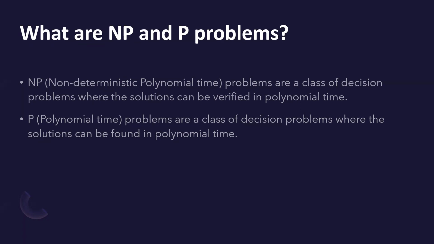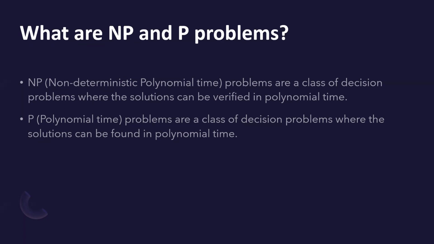This means that given a solution, we can quickly verify its correctness. Polynomial time, or P, refers to a class of decision problems where solutions can be found in polynomial time. In other words, the time it takes to find a solution grows polynomially with the size of the input.